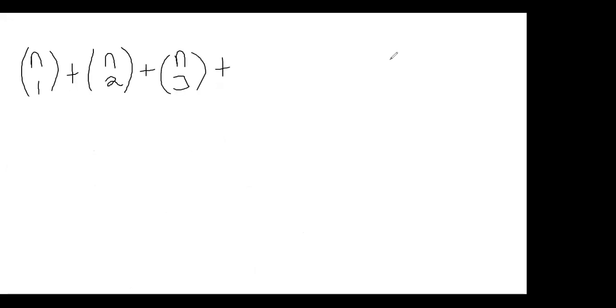So you're saying n choose 1 plus n choose 2 plus n choose 3 plus dot dot dot plus n choose n minus 1 is equal to 2 to the n minus 2. Yeah, this one now would make sense.